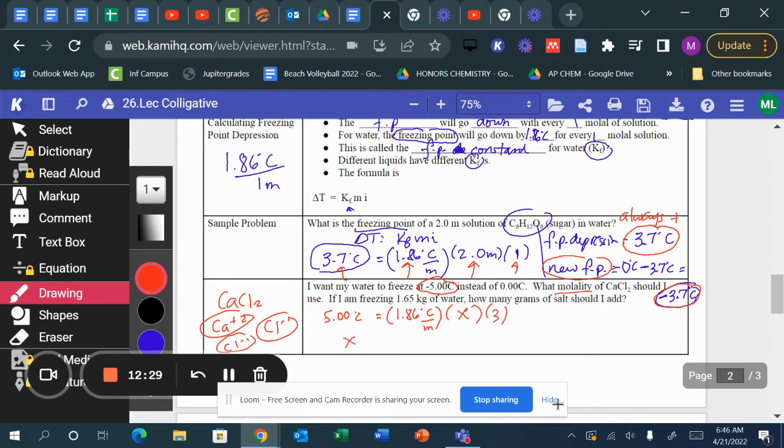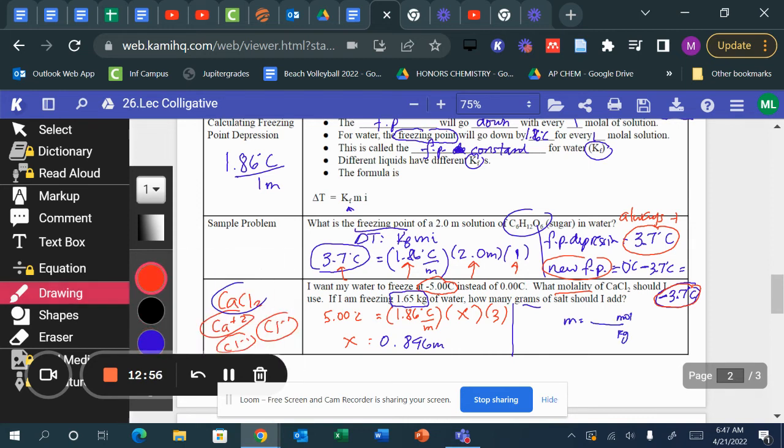To solve for X here, you're going to get 0.896 molal. And then they're going to ask, if I'm freezing 1.65 kilograms of water, how many grams of salt should I add? How many grams of CaCl2 should I add? So the formula is molality is equal to moles over kilograms.